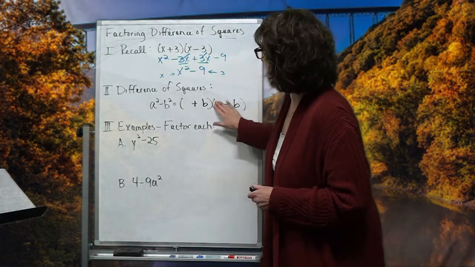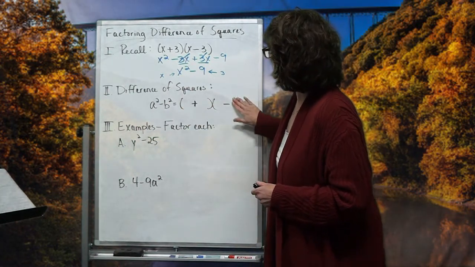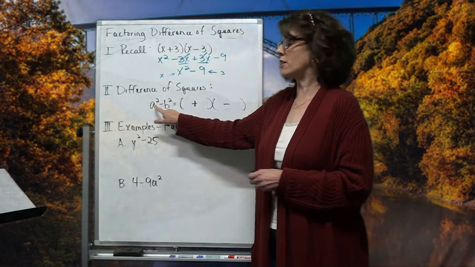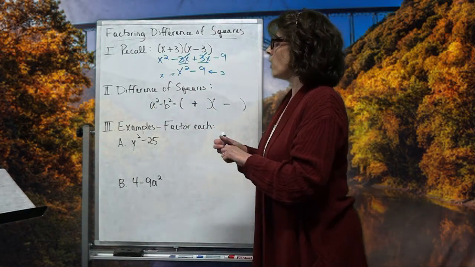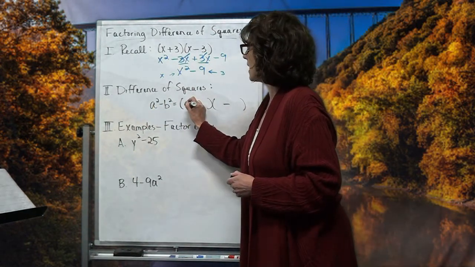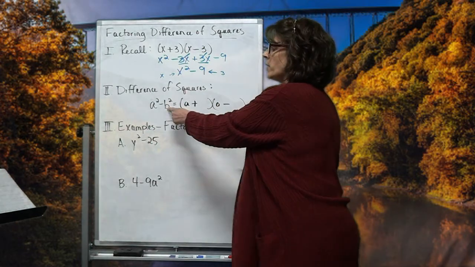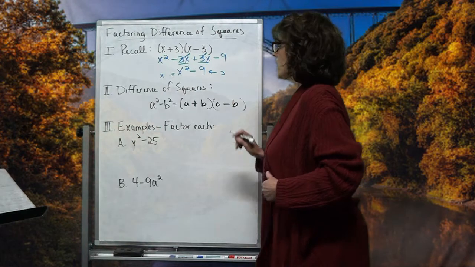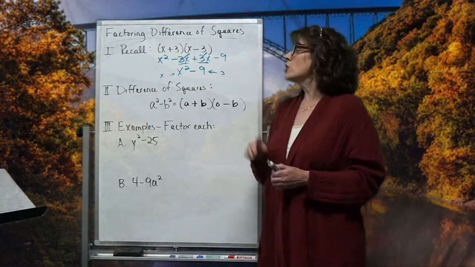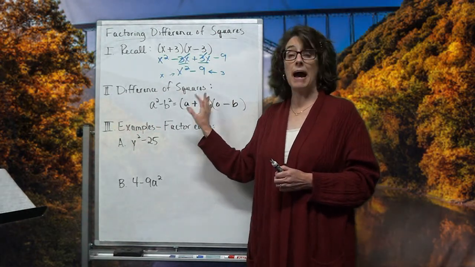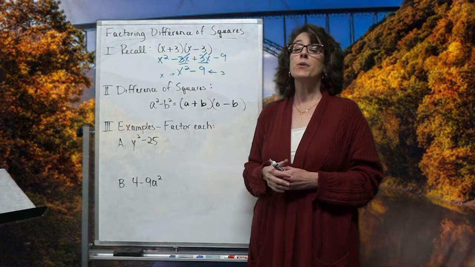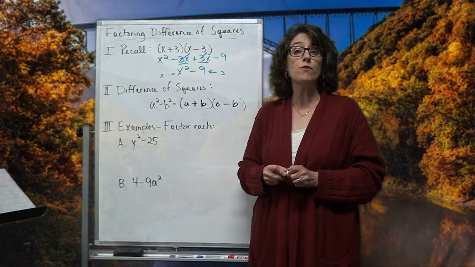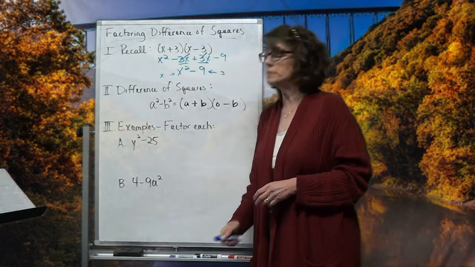Once that has been established, I split this up into the front 2 slots, and the only way to split up an a squared is an a and an a. The only way to split up a b squared into the back 2 slots is a b and a b. So sure, you can memorize the pattern and put it in there, or you can go back to the old rules of factoring that we've been using all along.